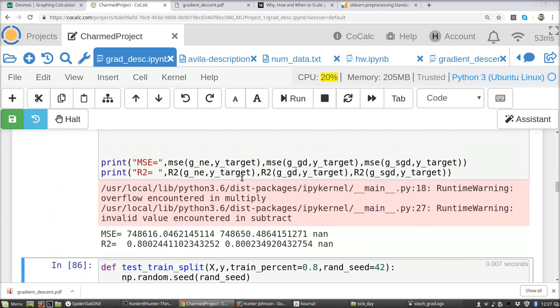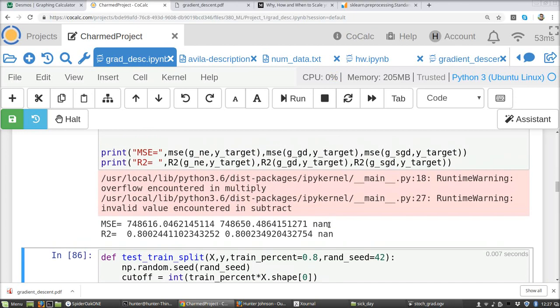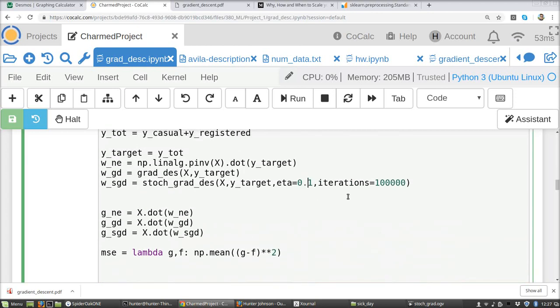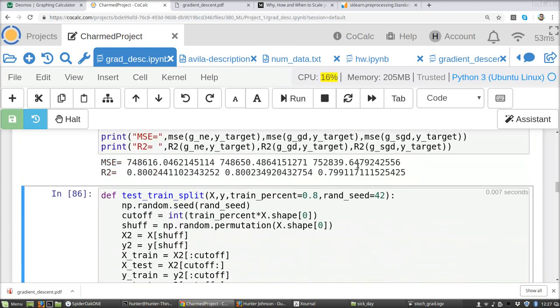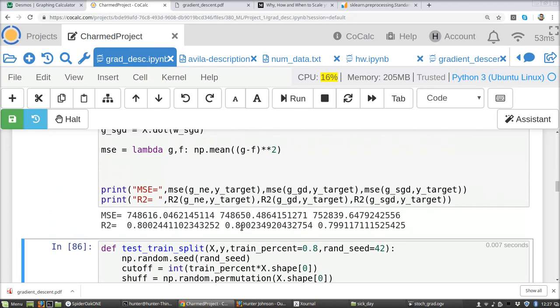Now you can see that in this stochastic gradient descent, I got not a number. It failed to converge, and in fact it exploded into something bizarre because the learning rate was not small enough. The professor's not smart enough. The learning rate's not small enough. Okay, but otherwise it all works fine.